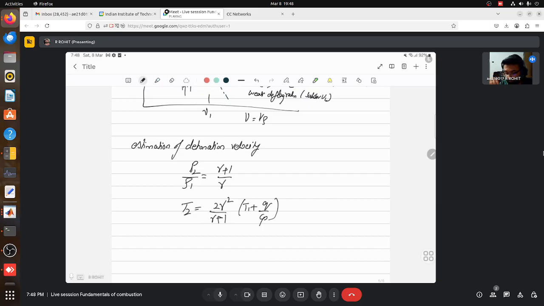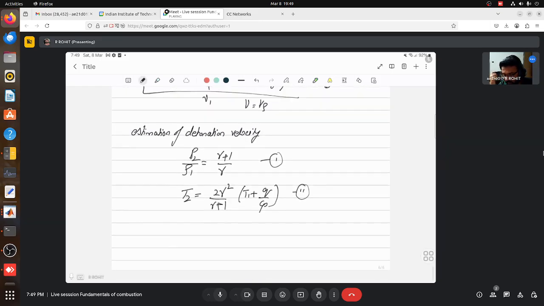These two relations are used to find the detonation velocity. I am not deriving it explicitly because it has been shown already.